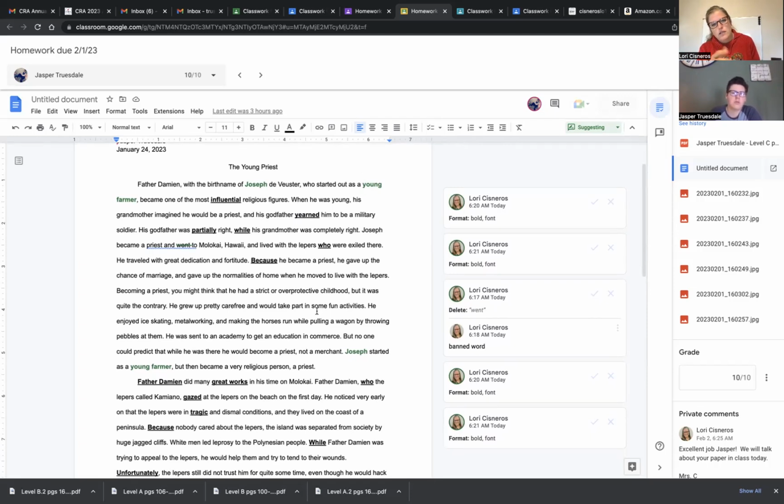I noticed you repeated on both, which is okay. It still counts, but just to kind of up it a little bit, because your writing is so good, you're ready to take it to the next level. Try to do the reflecting with a synonym or something. It does give the paper a little bit more style that way. Okay, Jasper? All right. Cool.